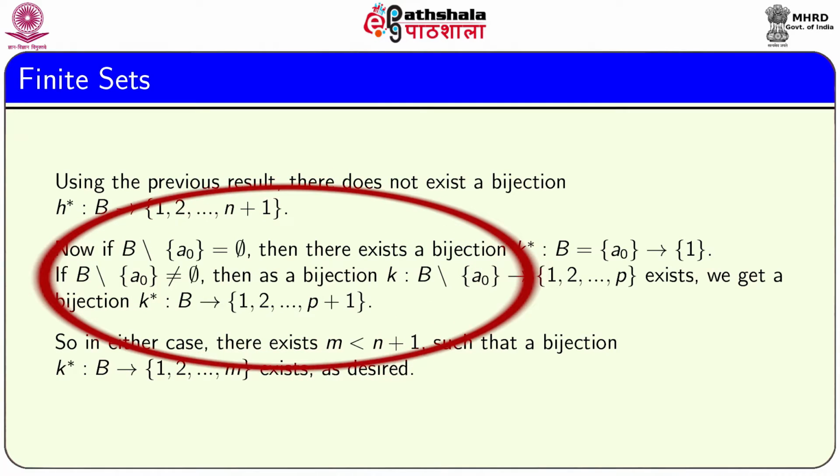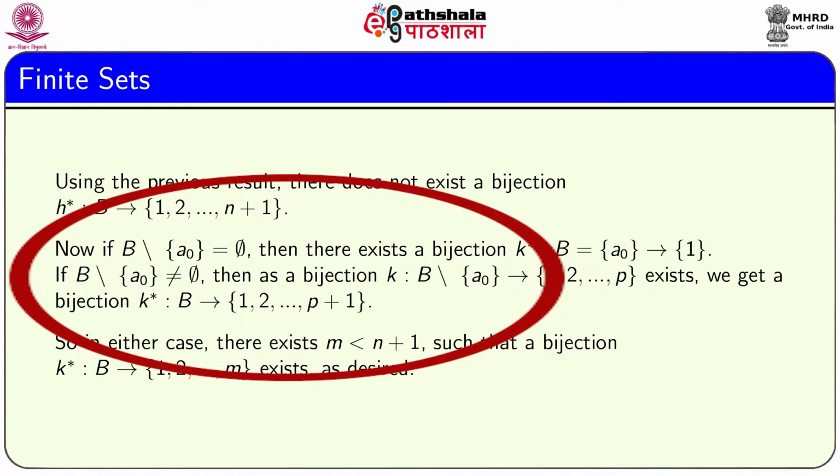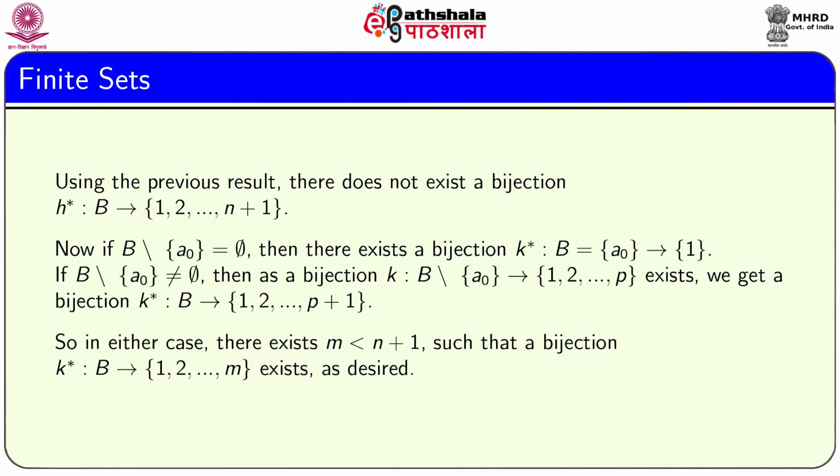Now, if B minus A0 is empty, then there exists a bijection K star from B to the set 1, because B minus A0 is empty means B is the set consisting of a single point A0.